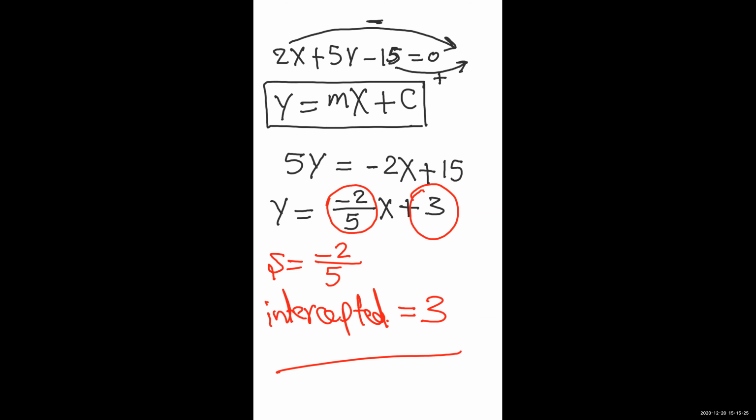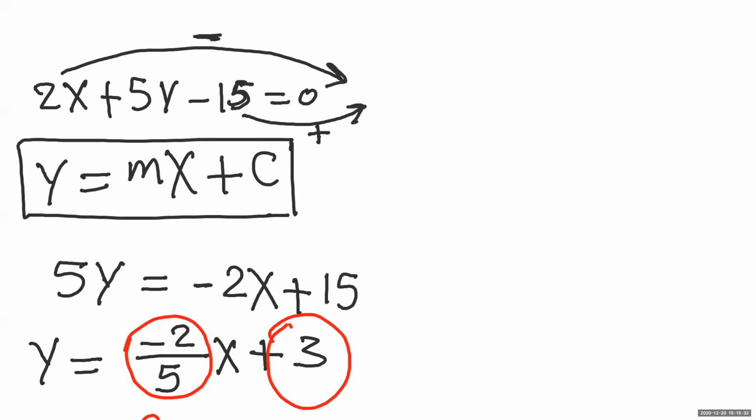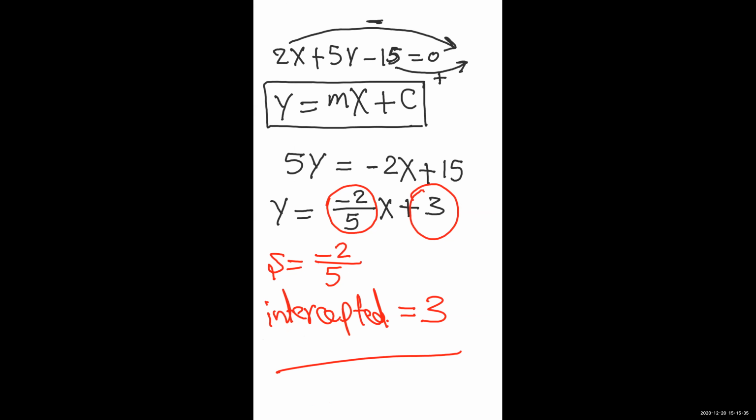Okay, great. Guys, if I want to solve this question without changing the form of this equation, now concentrate with me. The equation of the straight line was 2x plus 5y minus 15 equals 0. Now, where is the slope? We said that the slope is negative 2 over 5. Here, 2 is the coefficient of x, and 5 is the coefficient of y.